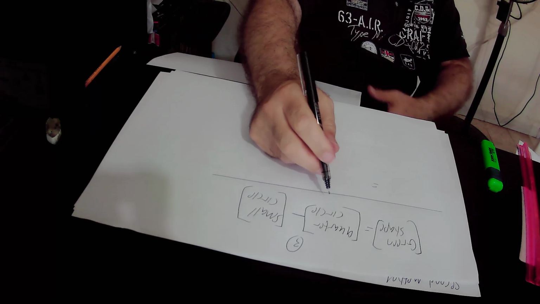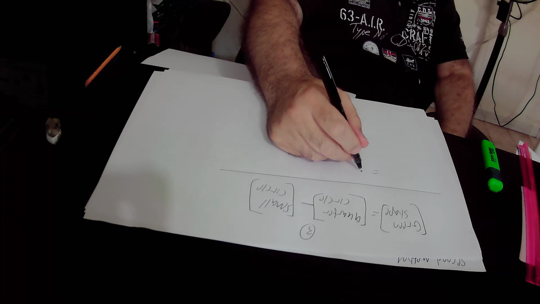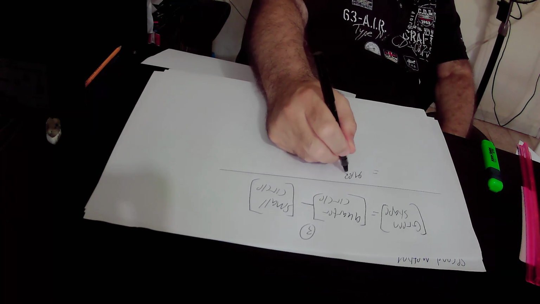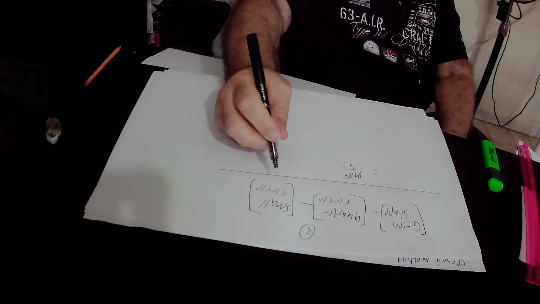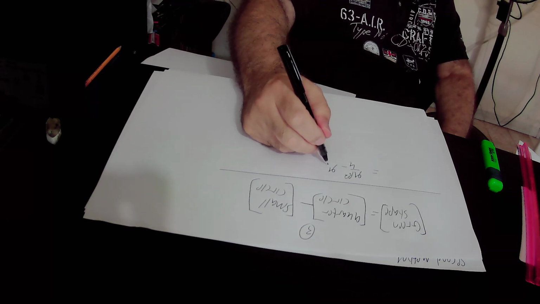We have already found out that the area of the quarter circle equals pi times capital R squared over 4, and the area of the small circle equals pi R squared.